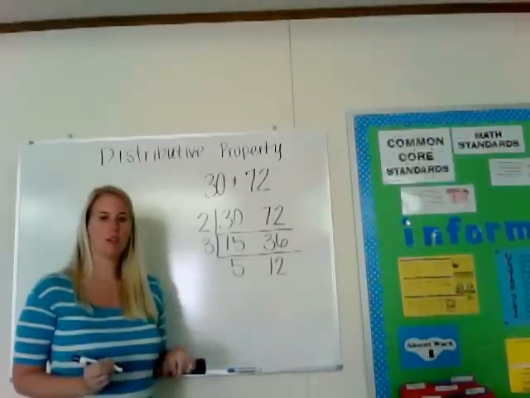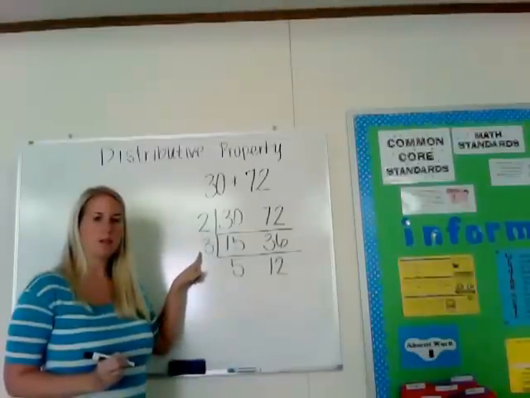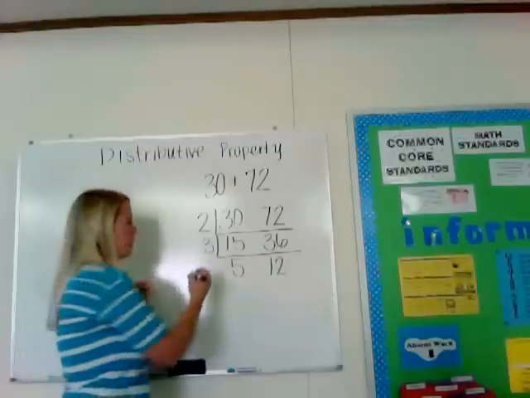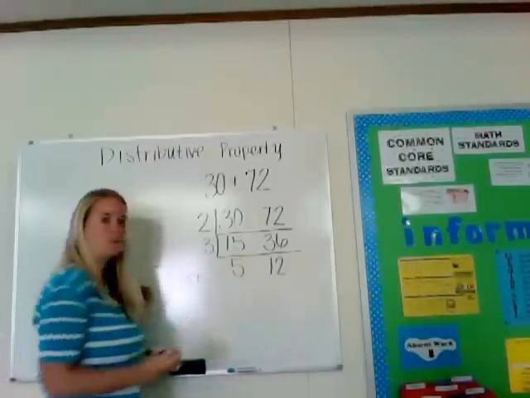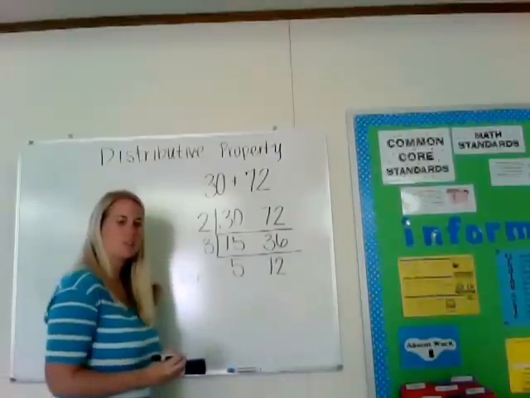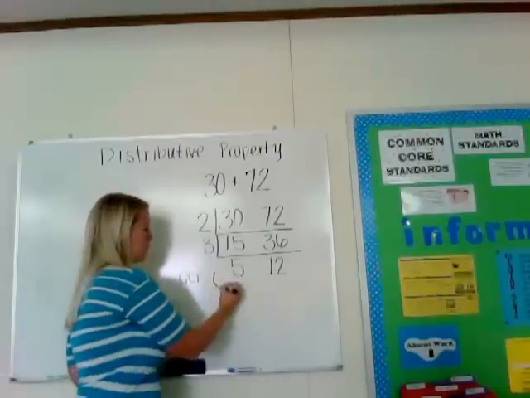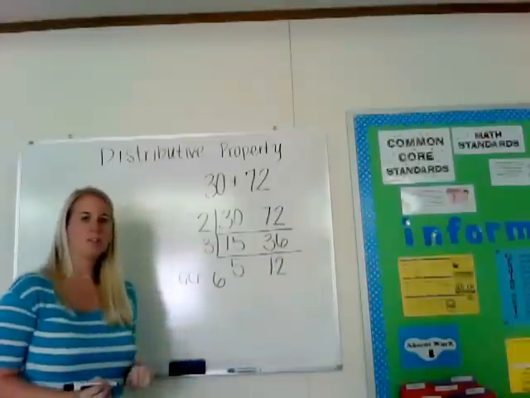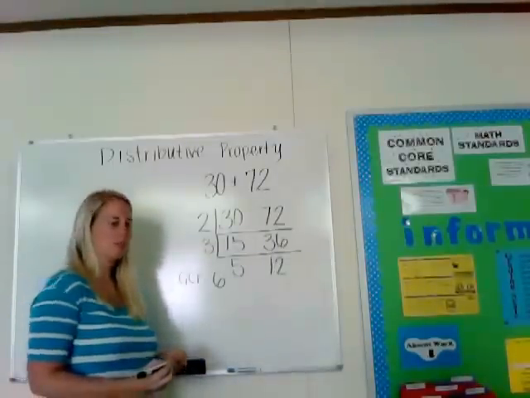To find the greatest common factor of the numbers 30 and 72, I will take the two numbers on the outside of my ladder and multiply them together. In this case, the greatest common factor is 6. 2 times 3 is 6. Once I know the greatest common factor, that number will go on the outside of my parentheses.